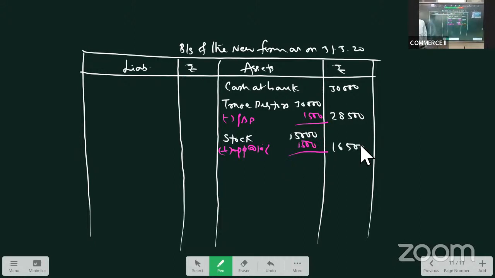So we'll take 16,500. Next, furniture. Furniture is depreciated by 10%. Furniture, 10,000. It is depreciated at 10%, that is 1,000.